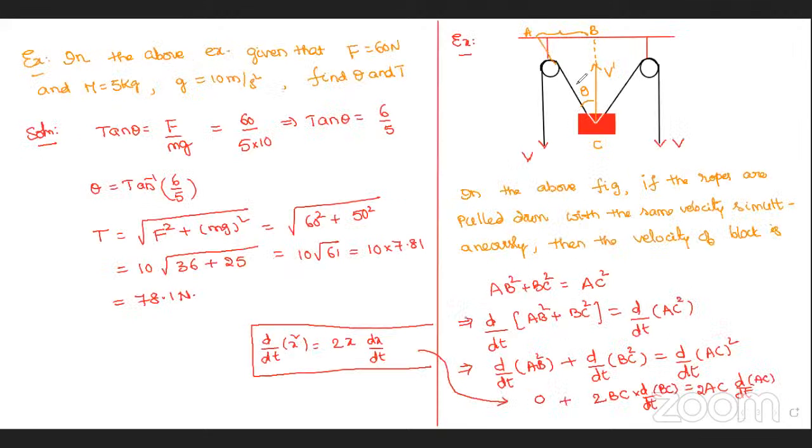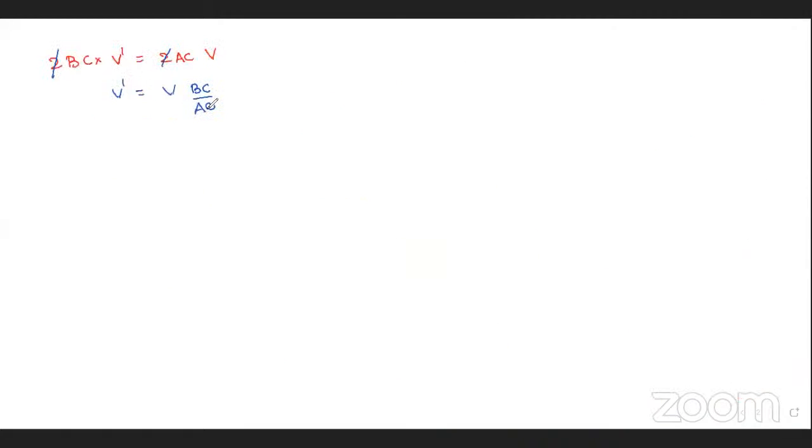Look at the triangle. Cos theta from the triangle is equal to adjacent side BC by hypotenuse AC. So shall I write V into BC by AC? Sorry, I actually got AC by BC.